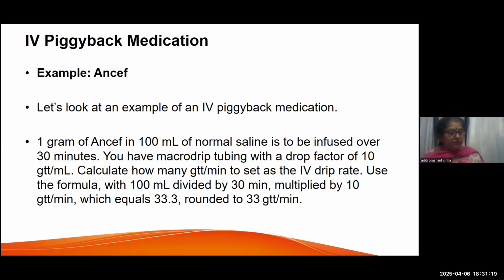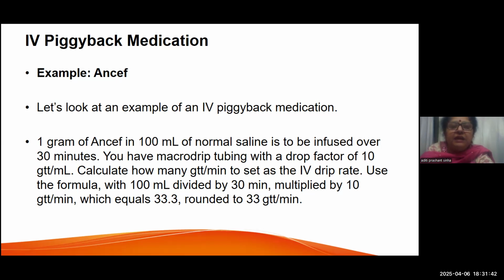Now you have something which you call IV piggyback. If you want an example of this, suppose for example an injection of NSAID.